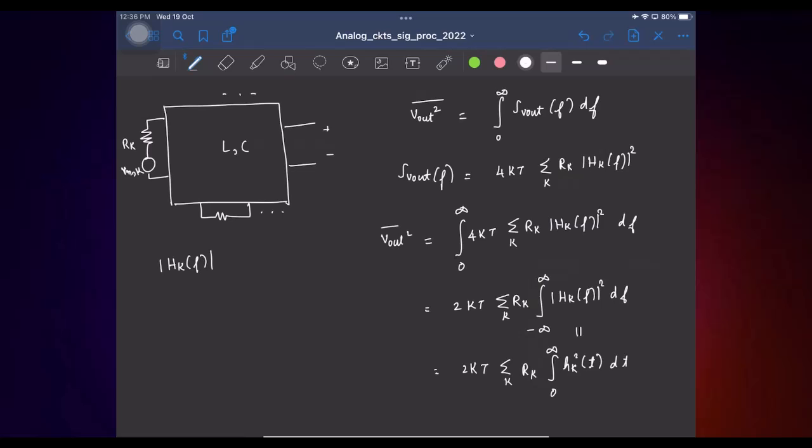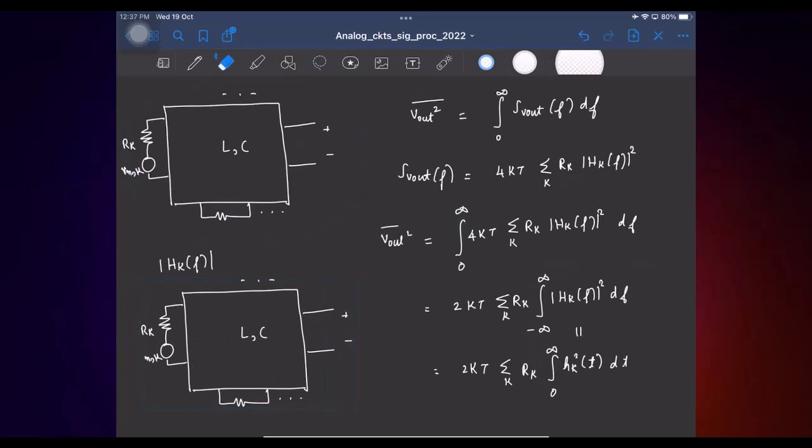We can get the same impulse response by taking the same network, shorting this guy, applying an impulse current, and measuring the current flowing through this resistor. Okay, and say this is I_k(t).